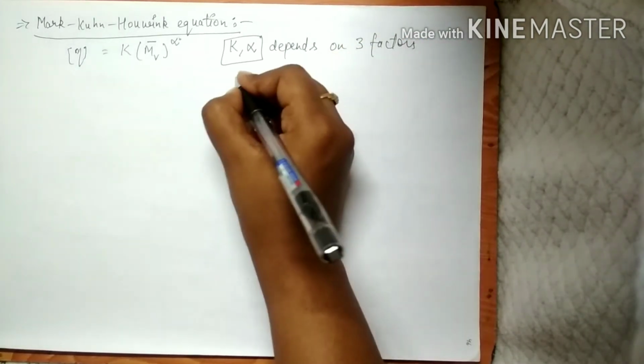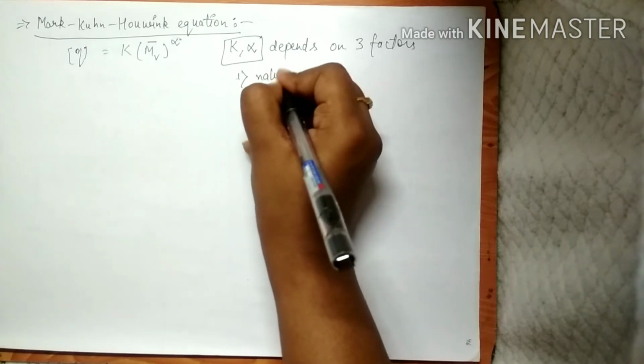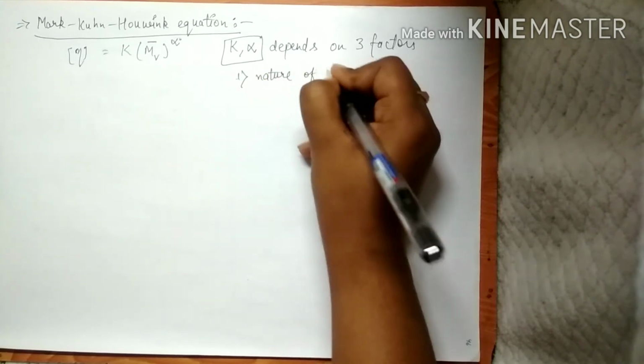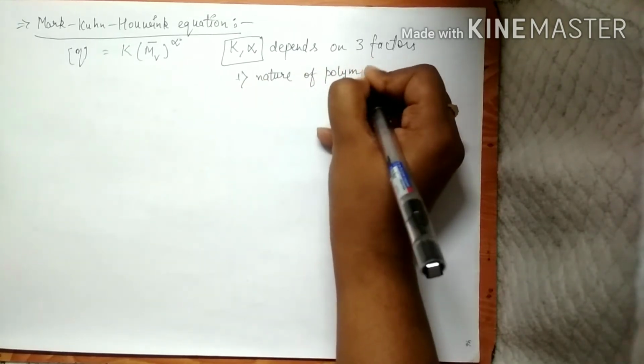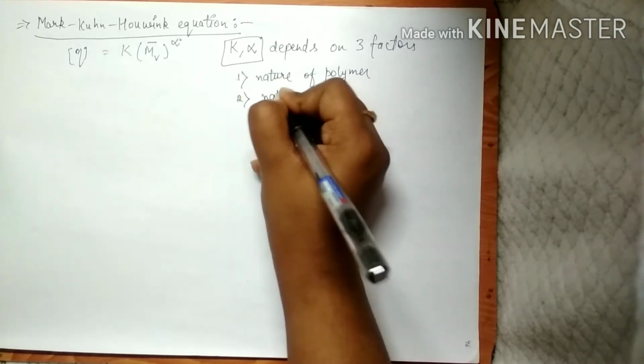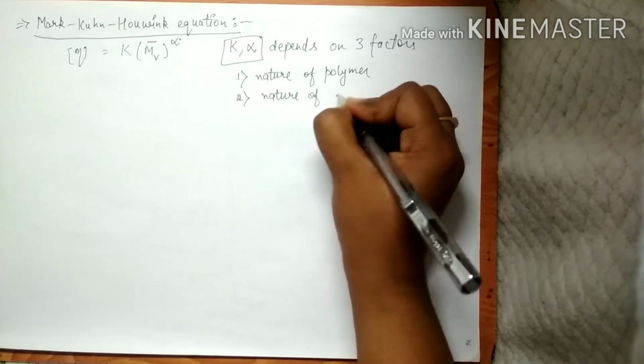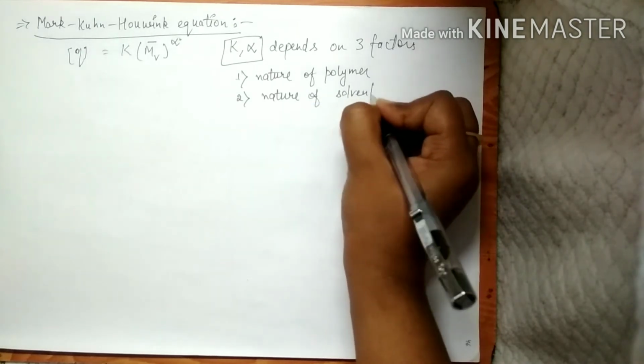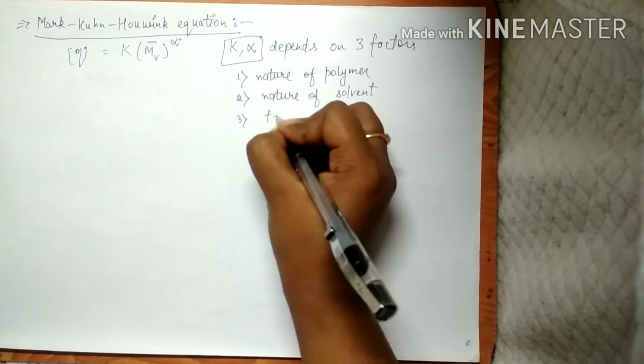Okay, first one being the nature of polymer, second is nature of solvent, and third is temperature.